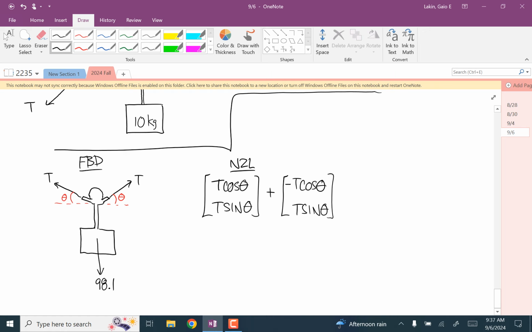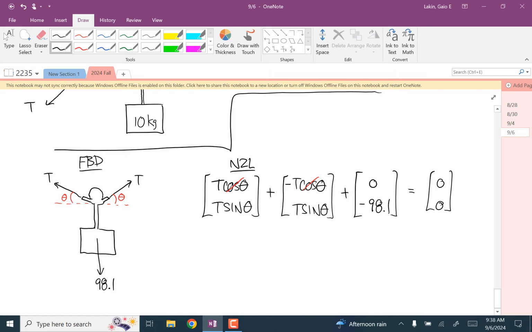You see that? And then the weight force is 0, negative 98.1. The x equation, notice that the T cosine theta and the negative T cosine theta cancel out. So we get 0 equals 0 again.